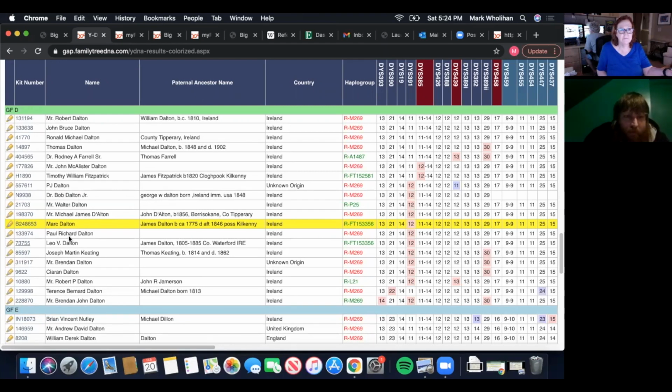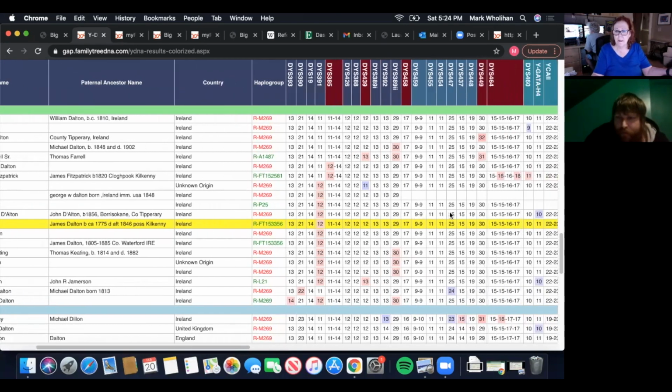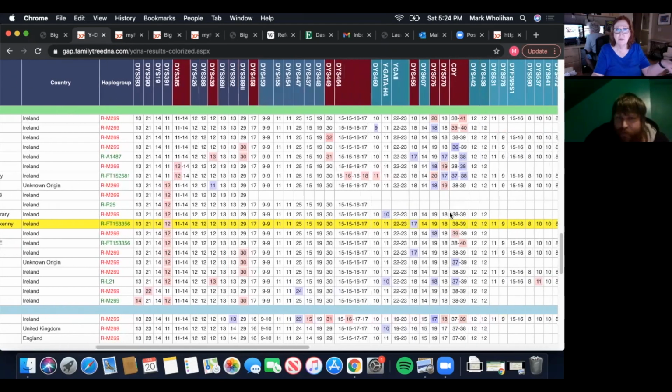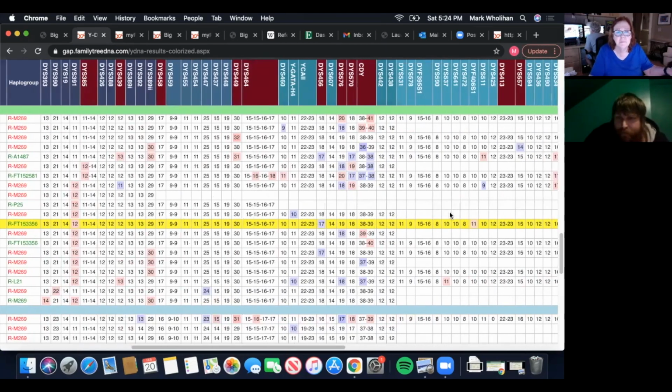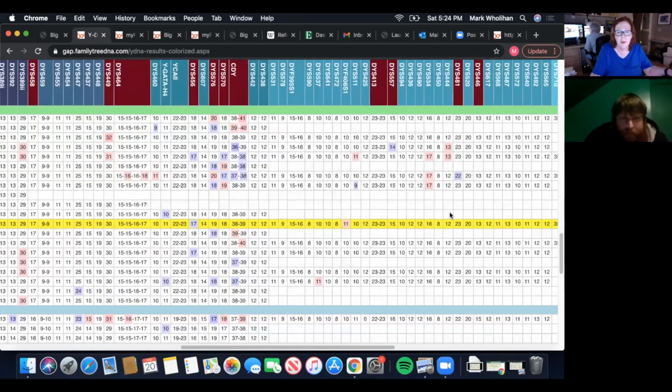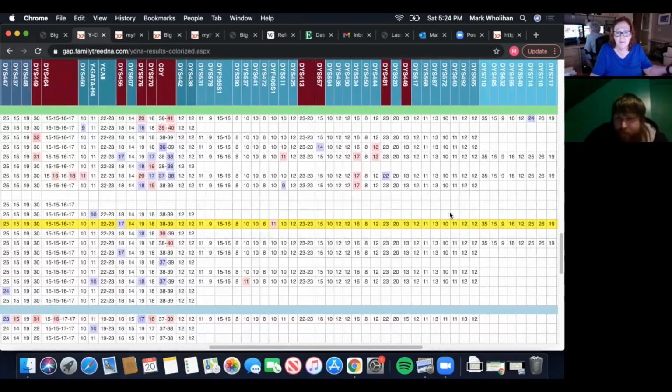I'm thinking these guys are probably the closest, the ones that share 12 markers on 391, and probably also the ones that share 30 mutations, and one of the other markers where we have commonality.